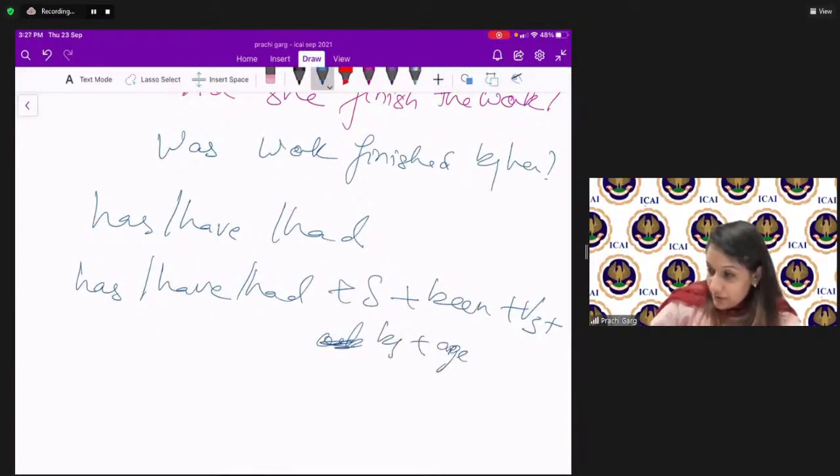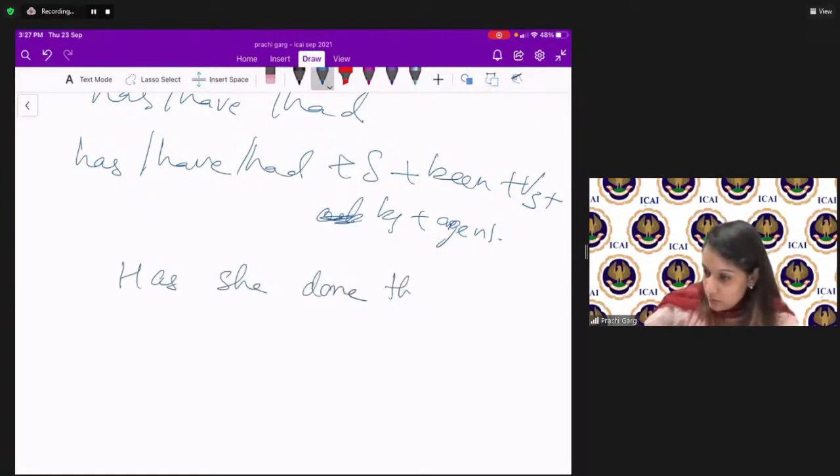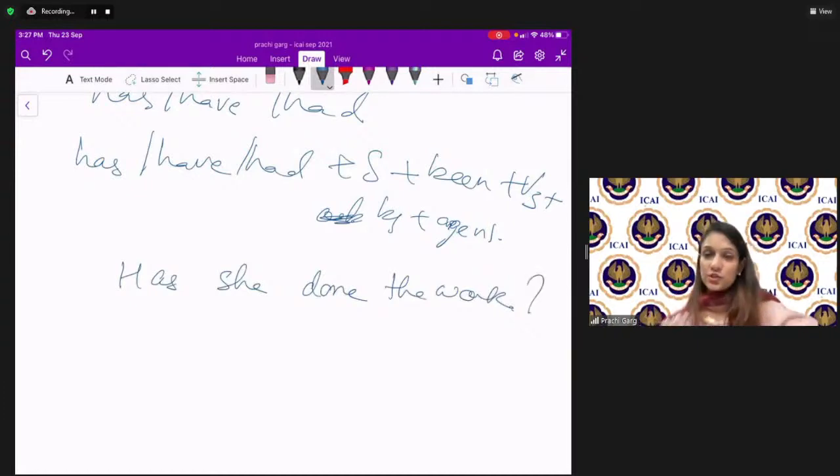So I have told you the sentence structure. You will change the sentence from active to passive. Look at the structure and change. Has she done the work? Okay. Now quickly change.